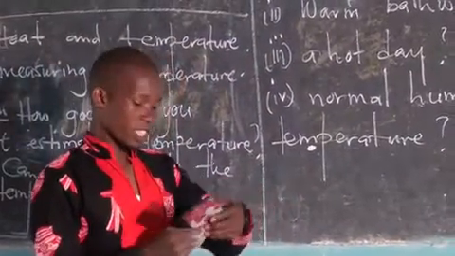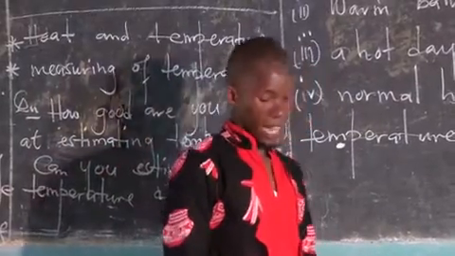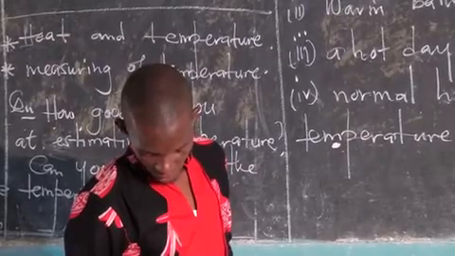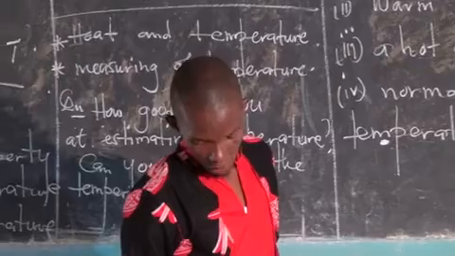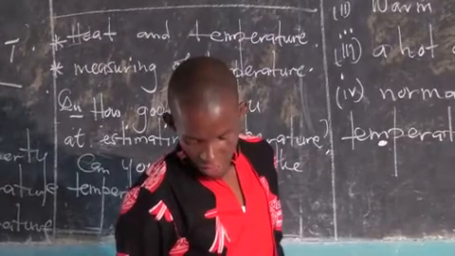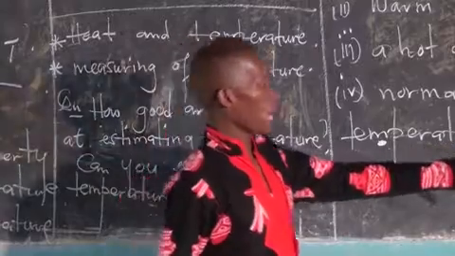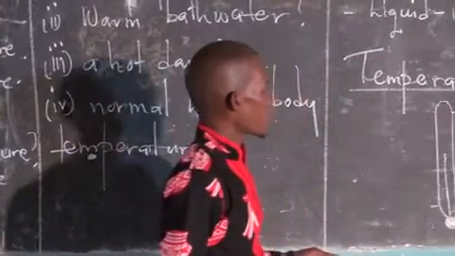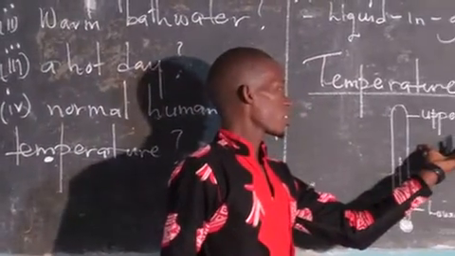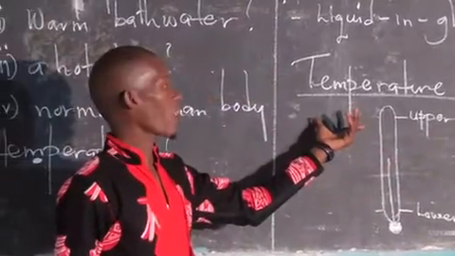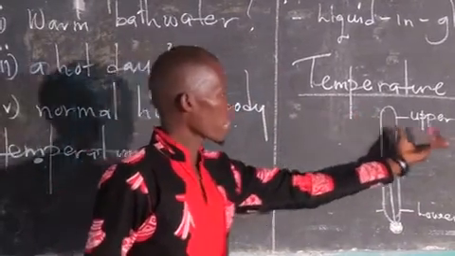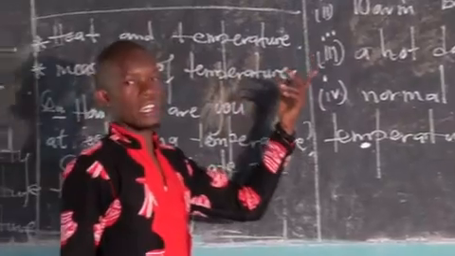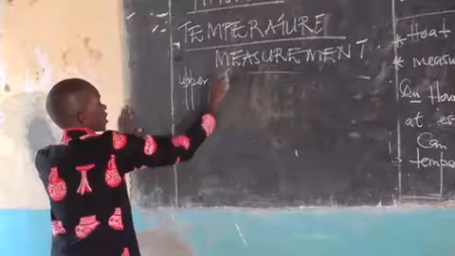If you get to know that, you will be able to identify the correct one in terms of the temperature scale. When you talk about the upper fixed point, the temperature is at what? If we say at 100 degrees Celsius, how are we going to identify that? Fix the point.